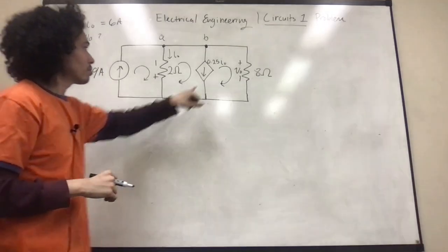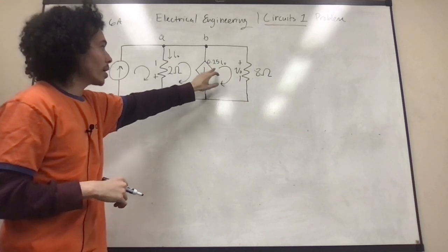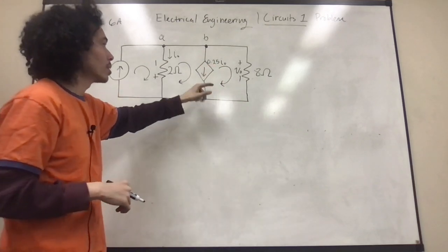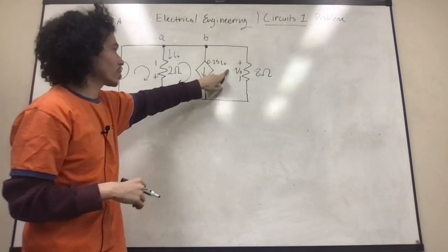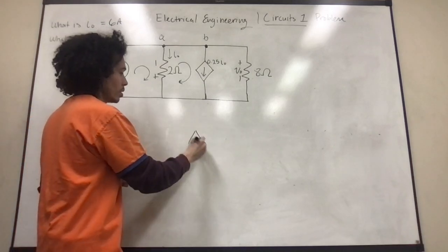And this negative 0.25 IO, we know what IO is, so we can now substitute in for IO and get the actual value that our voltage-controlled current source is going to be outputting. So, all right.